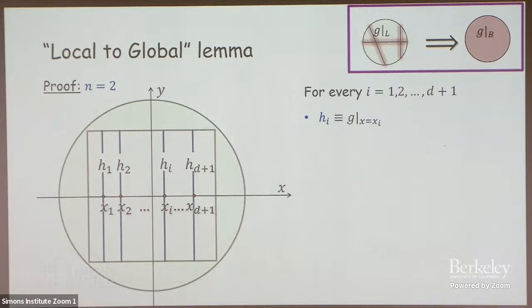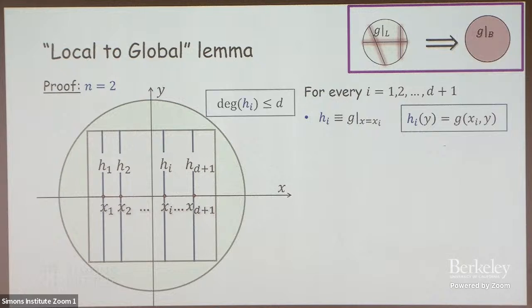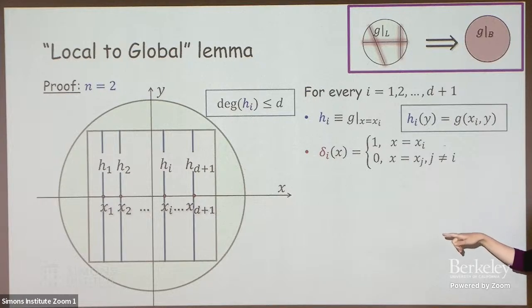We'll call them h_1 to h_{d+1}. And we know that these lines, by our assumption, are of degree d, since any univariate restriction is of degree d. Let me define the function delta_i, defined on exactly d+1 points: for x, if x equals x_i, it's 1, and for all other x's in our list, it's 0.